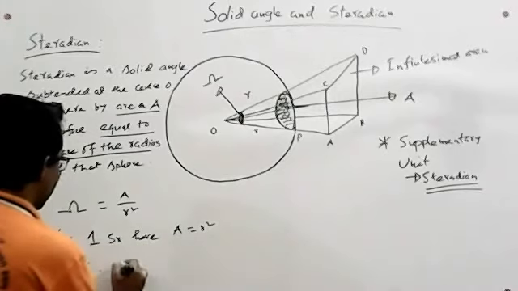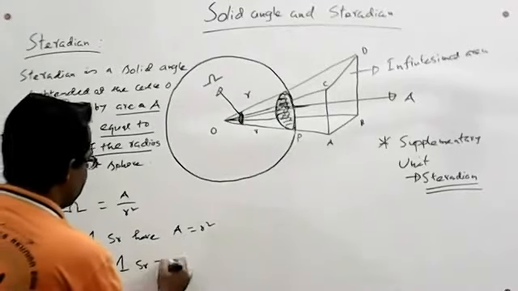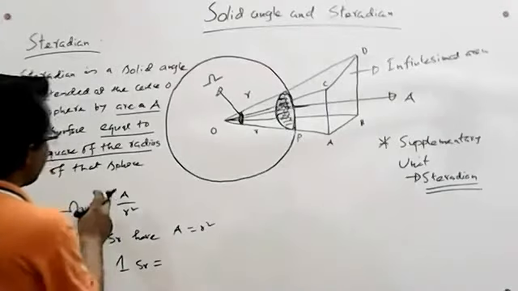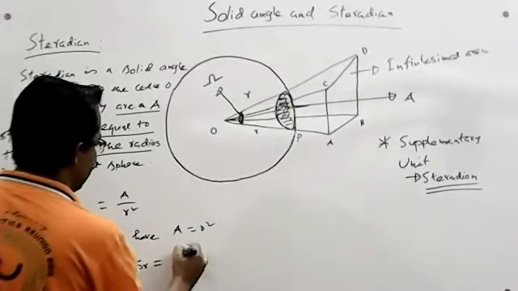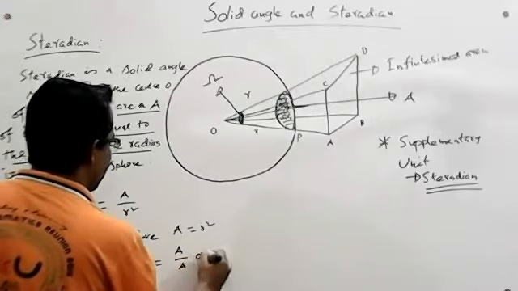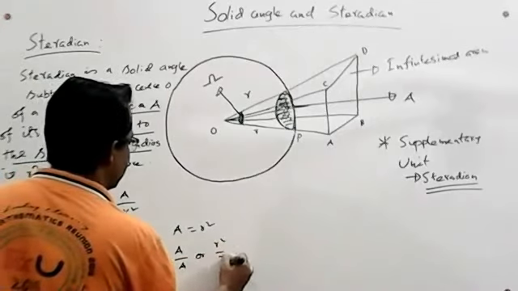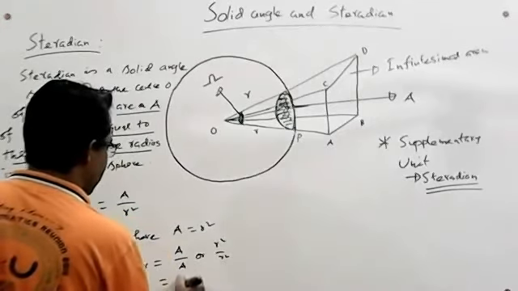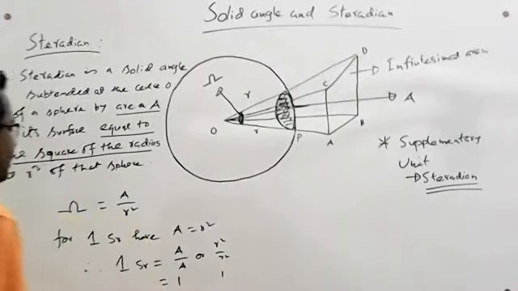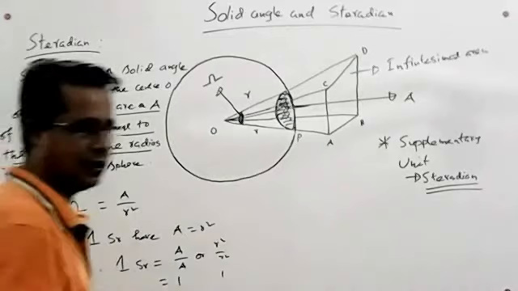So for one steradian, A is r square. That is, one steradian will go to A over r square, that is, A divided by A or r square divided by r square. In both cases, we have got one steradian.